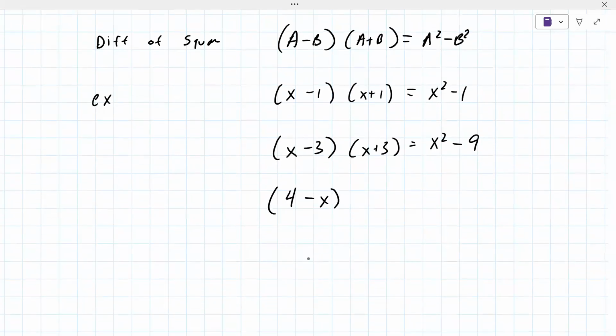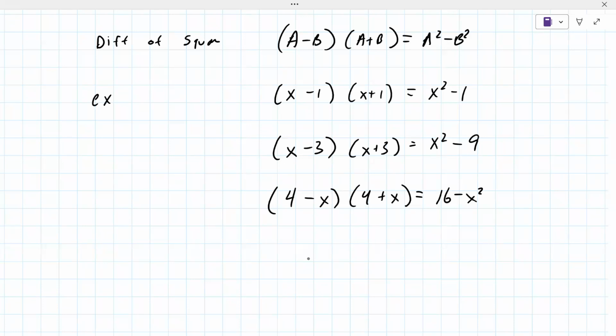What if it's 4 minus x, 4 plus x? Would it still apply? So it would be 16 minus x squared. Yes, 16 minus x squared. All right, good job on that.